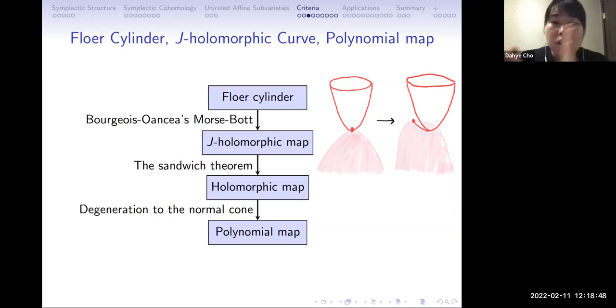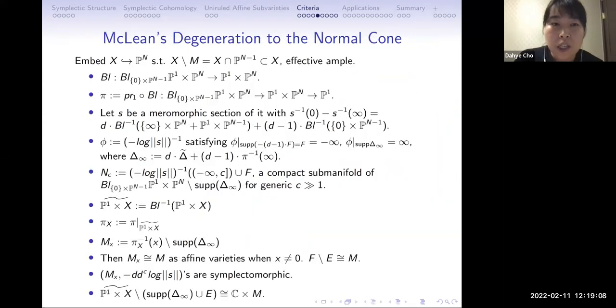Then we take a limit along the family, and we get a degenerate curve. That is the idea of Mark McLean's degeneration to the normal cone. Let me explain that part.